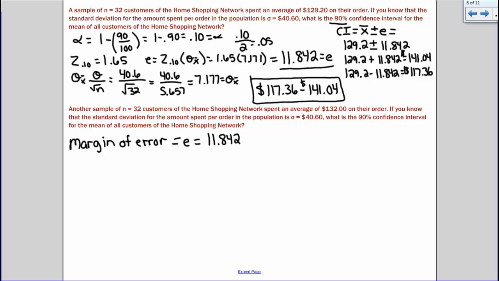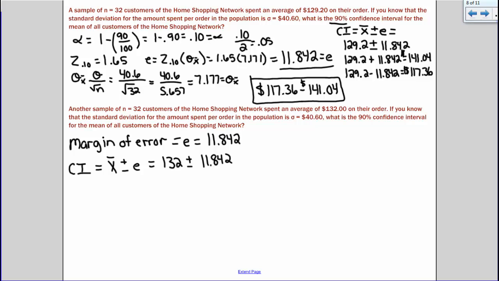All right, but now our confidence interval is going to be based on this new sample mean. So our confidence interval is our new sample mean plus or minus the margin of error, which is 132 plus and minus 11.842.